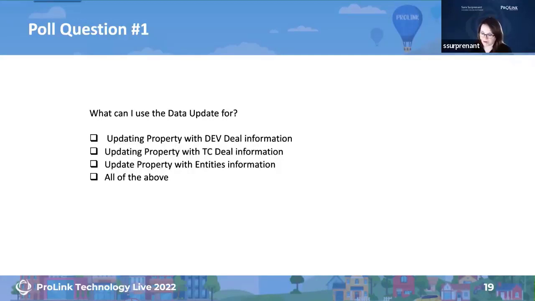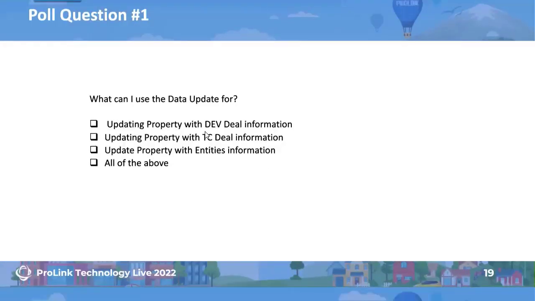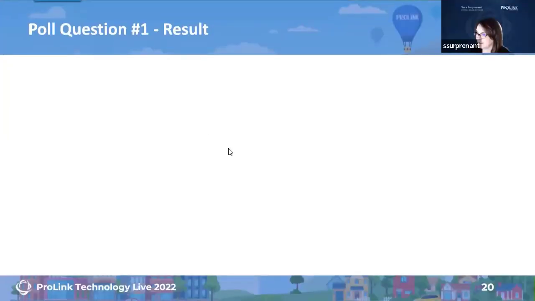All right, so that was 30 seconds. Ryan, are you ready for me to show the results of our poll? Should be ready now. Okay. Oh, we did it again, Ryan.